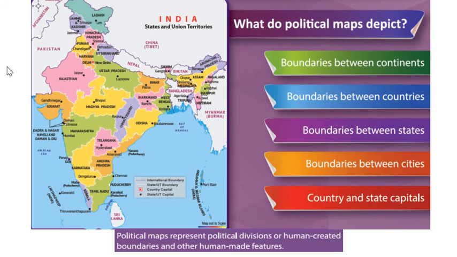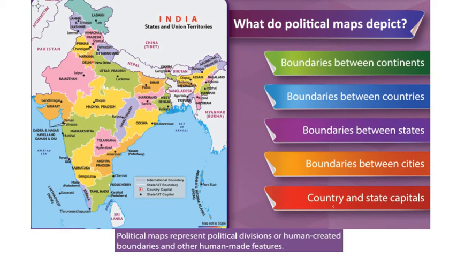Fine. Let's move to the next map, which is a political map. What do political maps depict? They depict boundaries between continents, boundaries between countries, boundaries between various states. Boundaries between various cities are not shown.